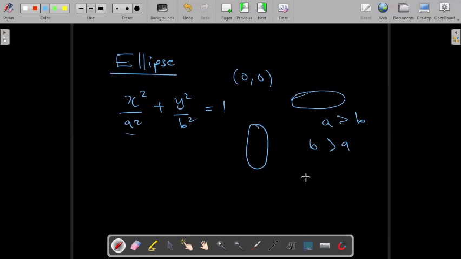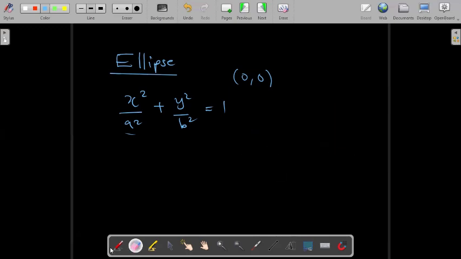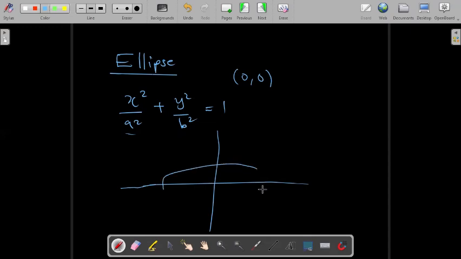So let's have a general look, starting with the one in the horizontal plane. If I have this here as my x-y plane, then I have my ellipse sit here in the x-y plane.